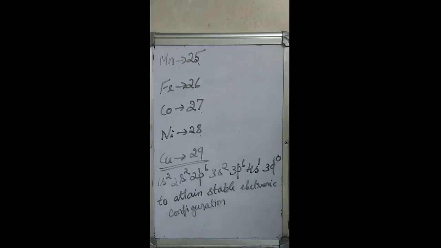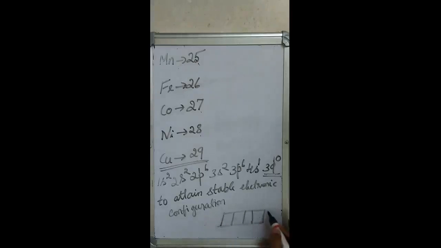After jumping, it gets a completely filled configuration. I already told you half-filled configuration is also a stable configuration, and a completely filled electronic configuration is also stable. Now 3d means how many orbitals? It is 5.